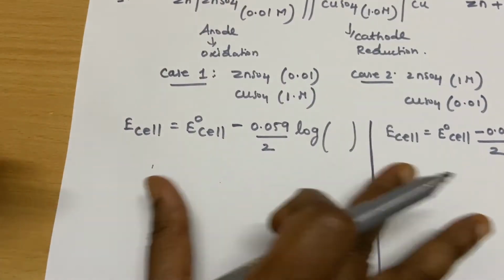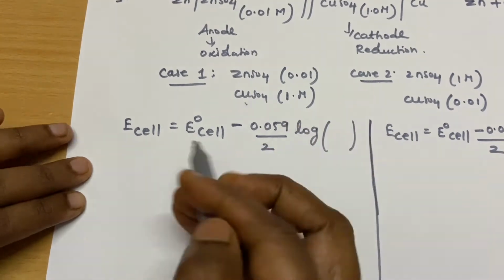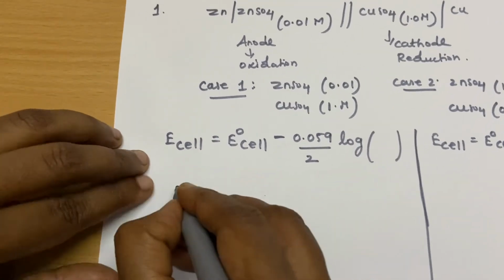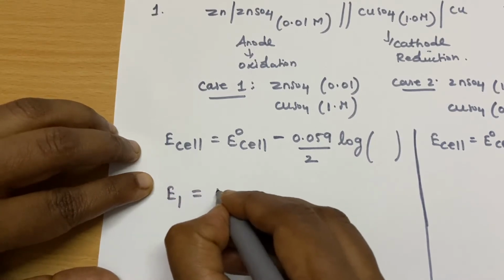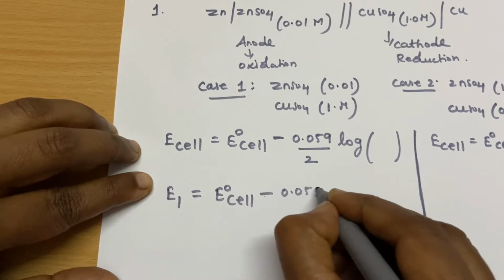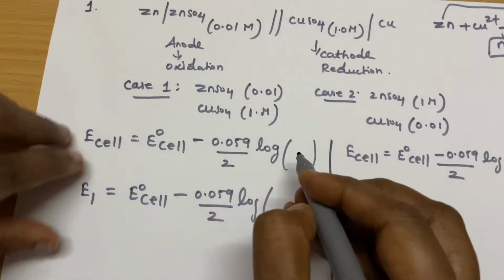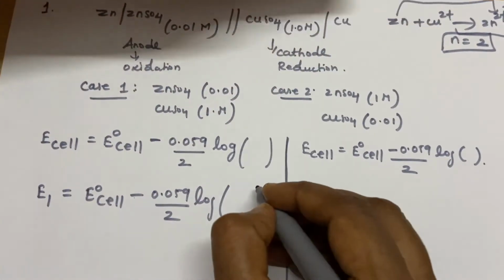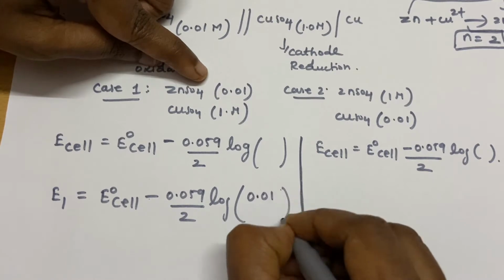So we have to write the Nernst equation for case 1 and case 2. They said the E cell was found to be E1, and this is your E0 cell, right? E0 cell minus 0.059 divided by 2, this is the n value, log of the concentration of the product, zinc sulfate, zinc 2 plus, so 0.01 divided by 1.